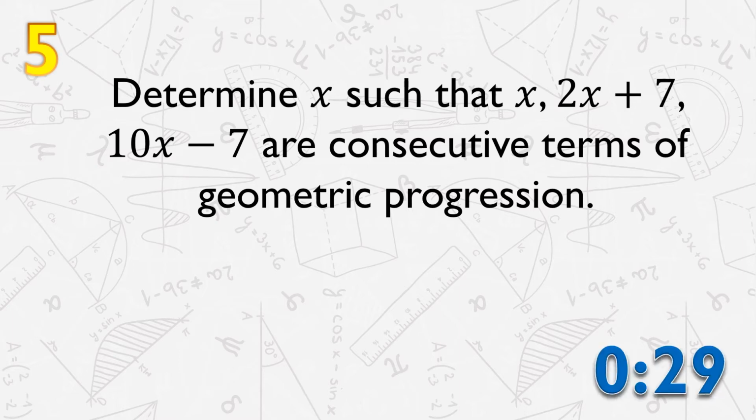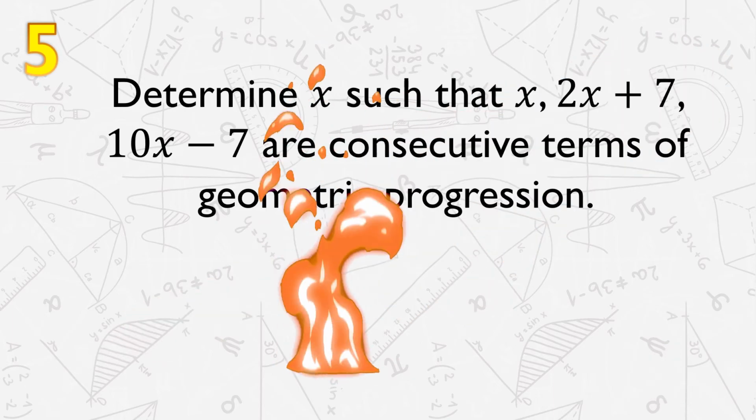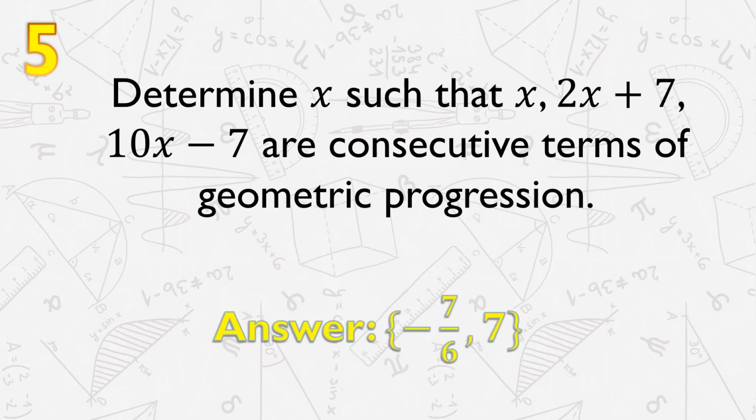Go. Time is up. Let us see the answer. It's negative 7 over 6 or 7.